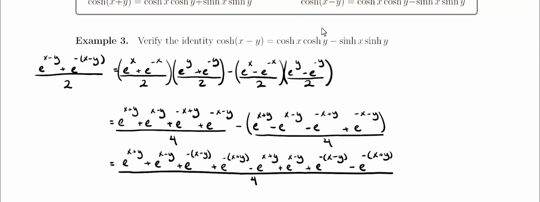Okay, so this is what I got after distributing. Now let's see if there are any terms that cancel out. I see a positive e to the x plus y and a negative e to the x plus y. I also see a negative e to the negative x plus y, which is added here to a positive.